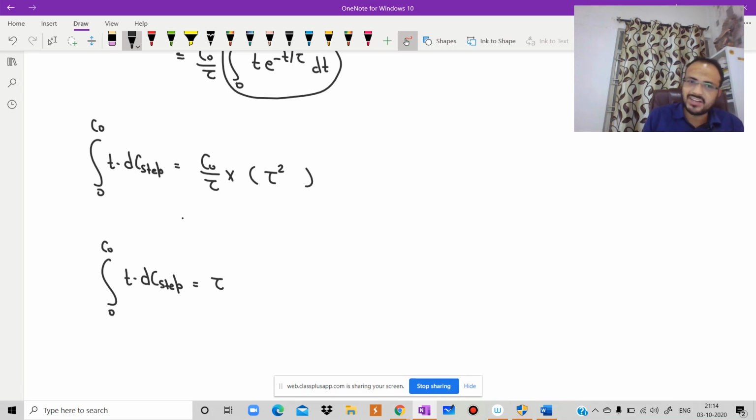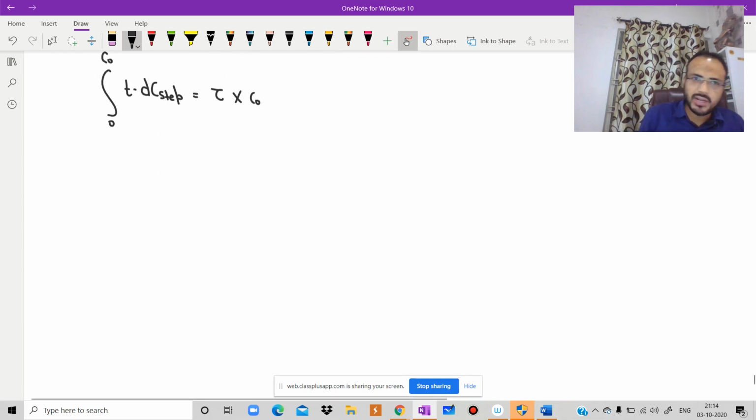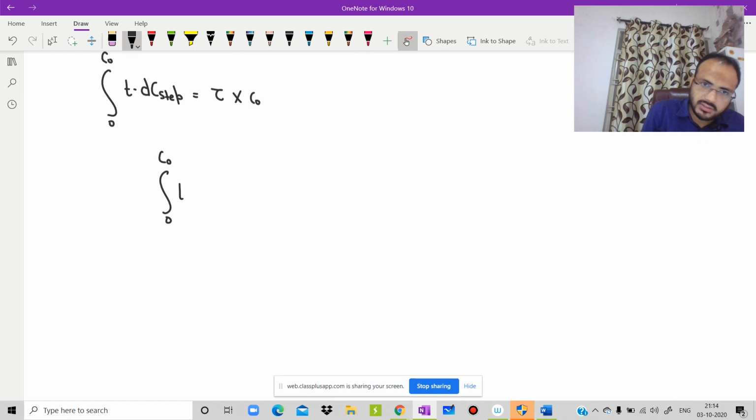But here for a non-ideal reactor, it should be equal to t bar. So I hope now you are happy that we proved it: the integral from 0 to C naught of t into dC step is equal to C naught into t bar.